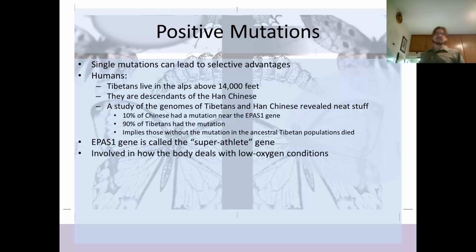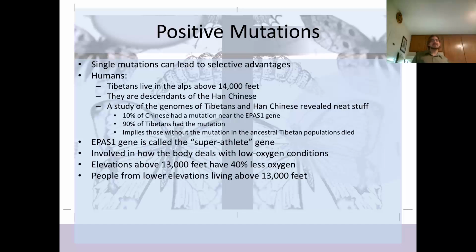The EPAS1 gene is called the super athlete gene. Why is it called that? Because it's involved in how the body deals with low oxygen conditions, like those you find when you're exercising heavily or when you go to high altitude. At elevations above 13,000 feet, you have 40% less oxygen than at sea level. People from lower elevations living above 13,000 feet tire out very quickly because they don't get enough oxygen. They have headaches due to low oxygen conditions.